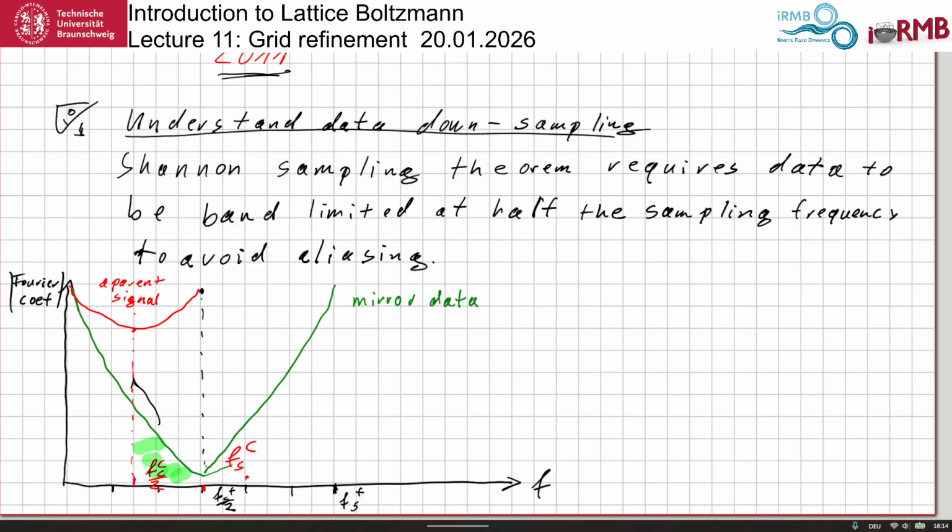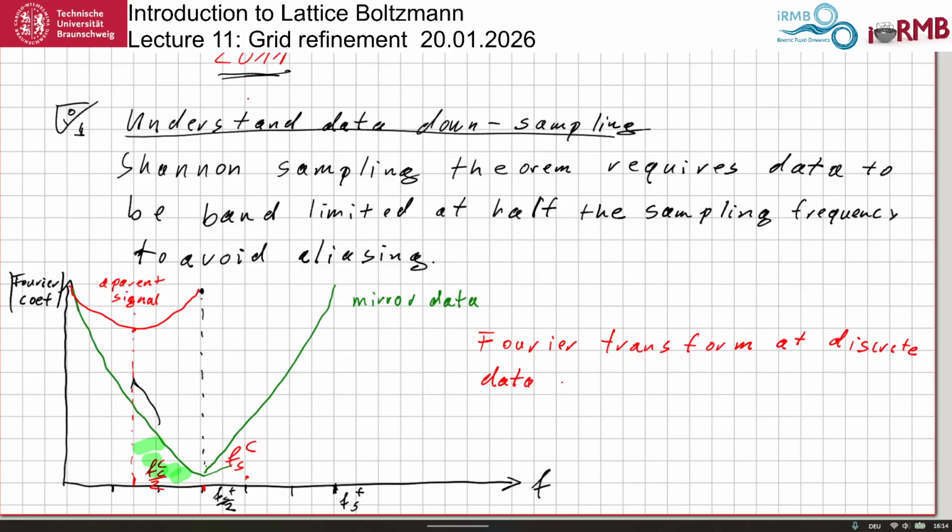Now your problem is, okay, let me write this down first. The Fourier transform, so what we do, we use discrete data points.